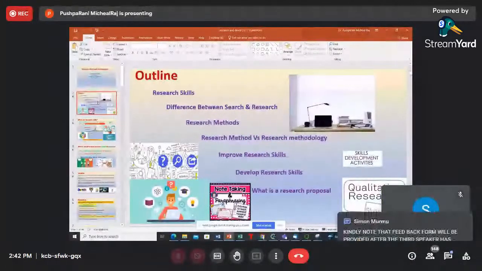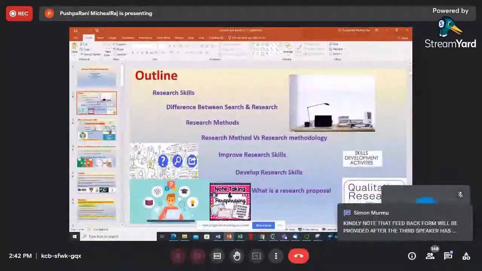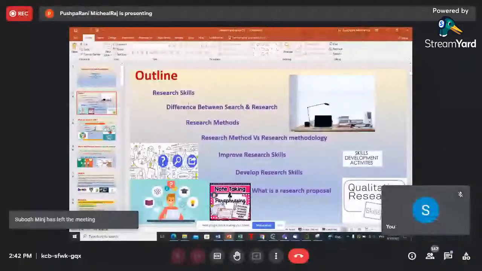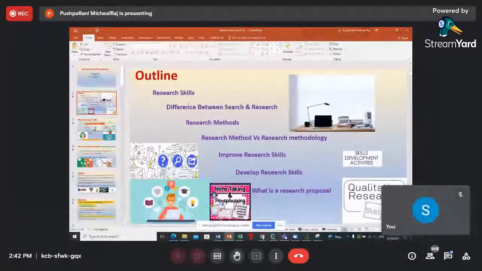So the outline of my topic would be research skills. Let's see what research skill really is, what it means, and the difference between search and research. There is a thin line between search and research. What are research methods? How we can differentiate research method and research methodology.